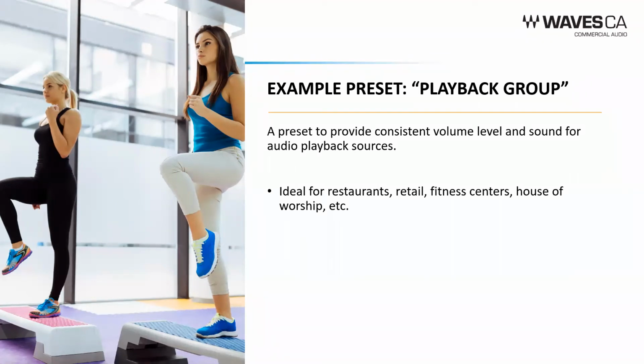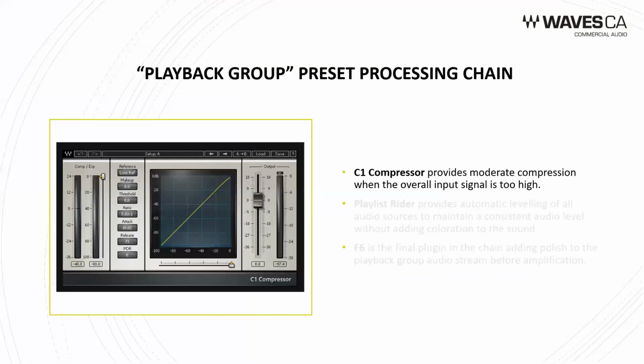And of course, this helps smooth out that entire playback process for the install and does it again without squashing things, so they're not overly compressed. They don't sound like it's just gone through one massive compressor. How does this work? The playback group processing chain uses 3 plugins.